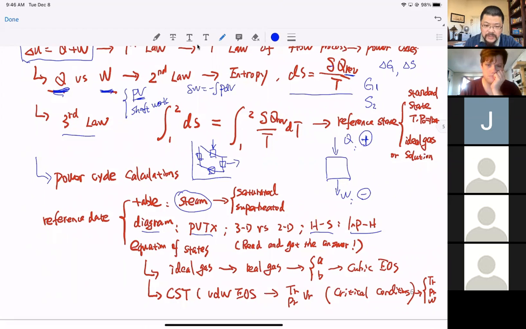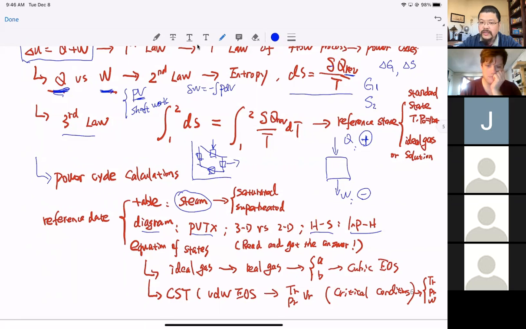The other part is the equation of state, and we started that discussion once we finished those very general discussions of the three laws and the power cycle calculation. There we know that I can use just the gas phase to drive the Carnot cycle, for instance.